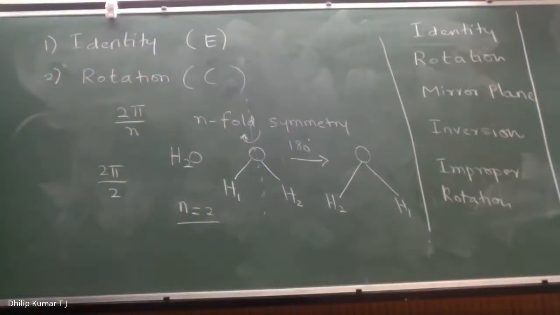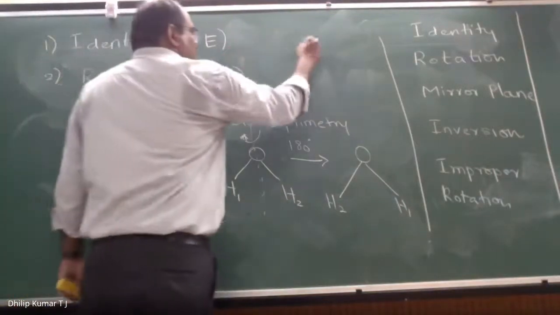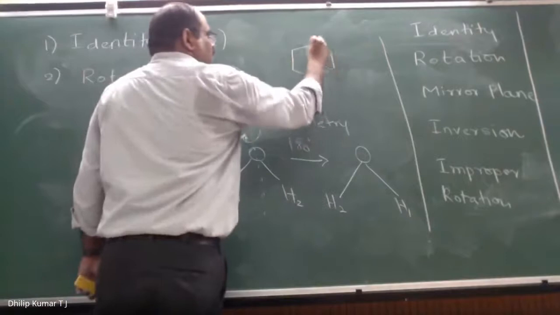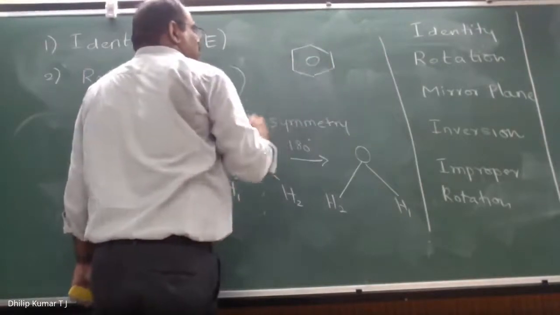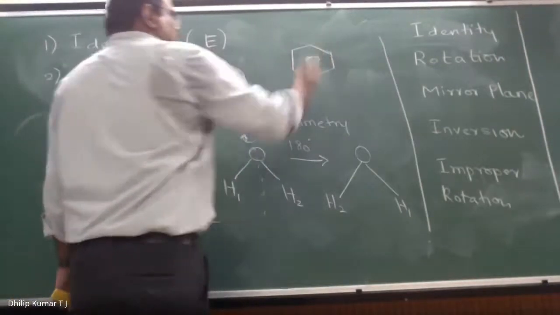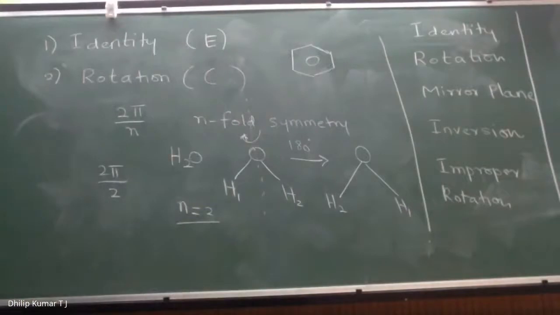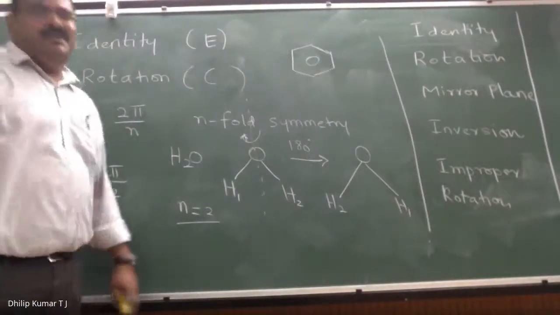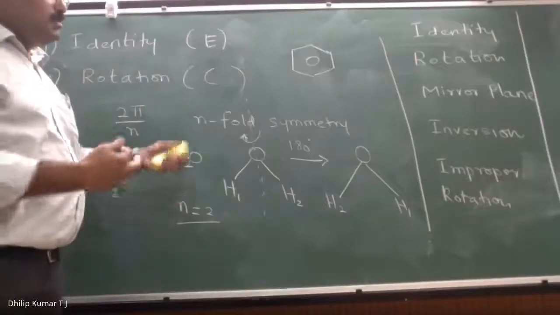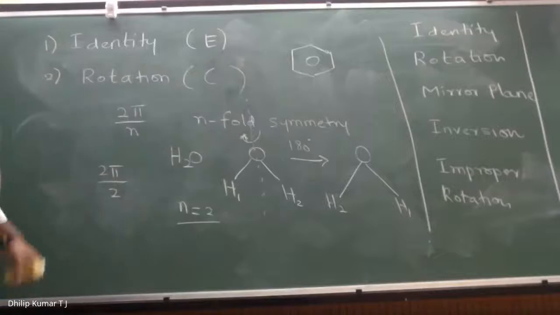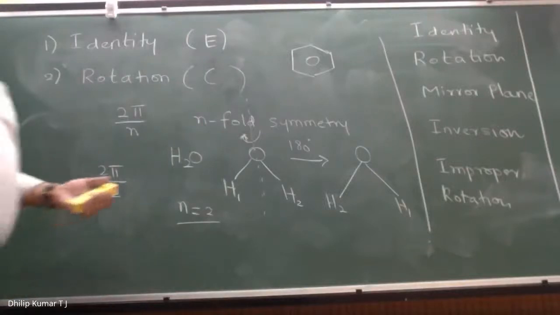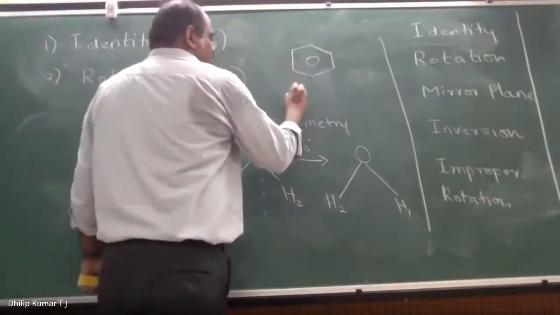So like this, if you take the benzene molecule, what will be the n? I just want to find out what is the n for benzene. The maximum is 6. So there are multiple n also, but 6 is the maximum number. Okay, so n is 6.